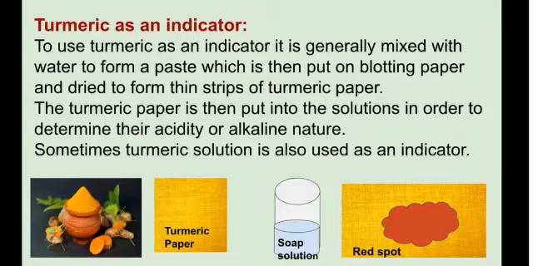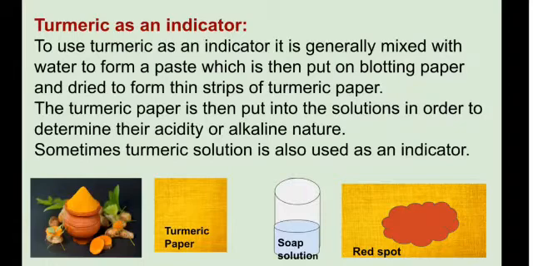Okay, so how do we check? Take turmeric paper and apply some vinegar solution on it. After that, the turmeric paper will remain yellow. It means vinegar is acidic in nature. Then take a soap solution and put some on the turmeric paper.